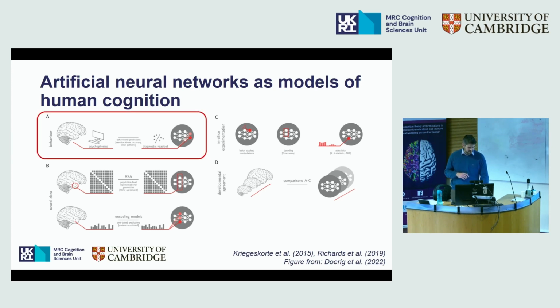In this presentation, I'm going to be focusing only on the behavioral, similar to Rob's talk. We are interested in spoken word recognition, and there are models of spoken word recognition based on artificial neural networks.